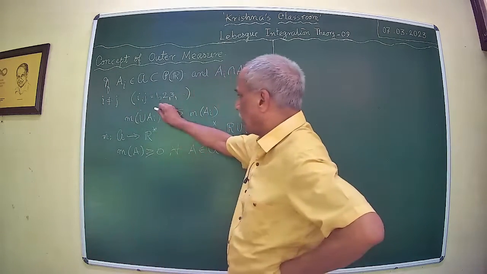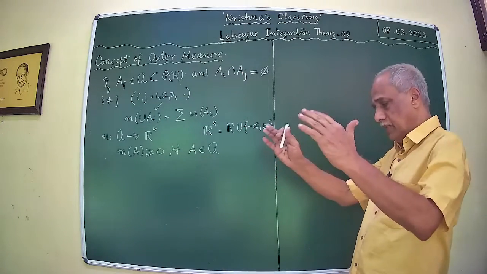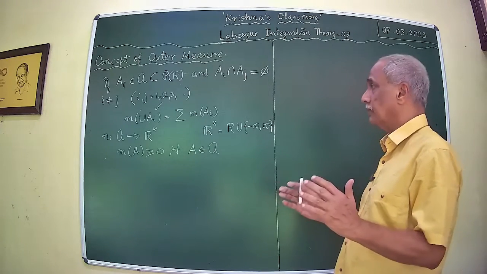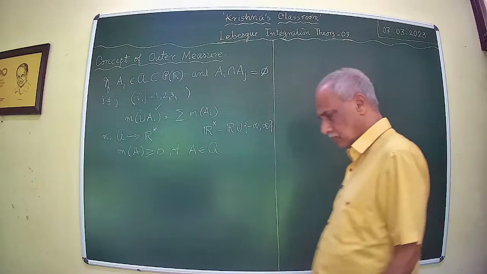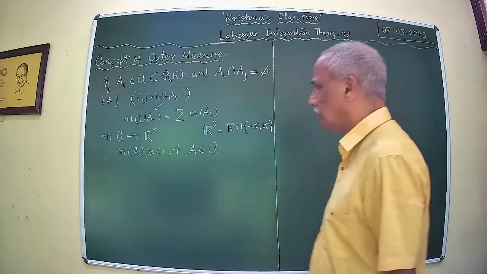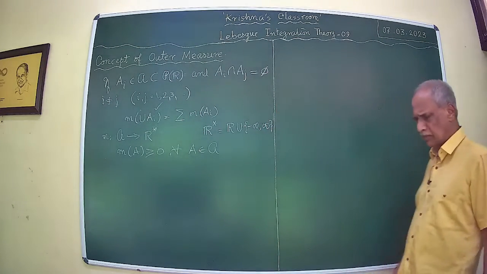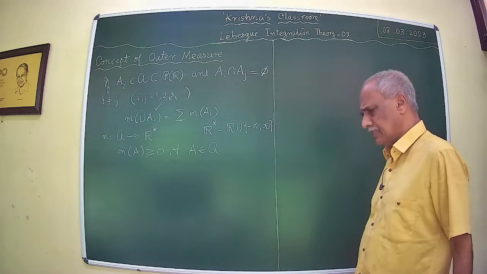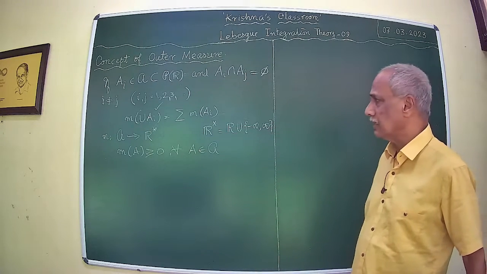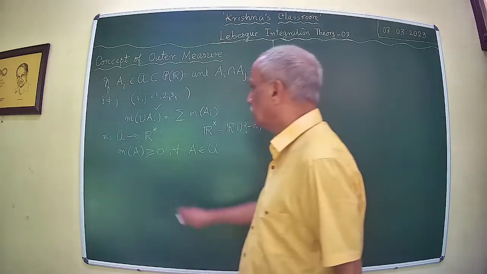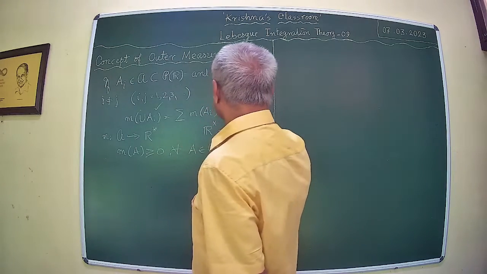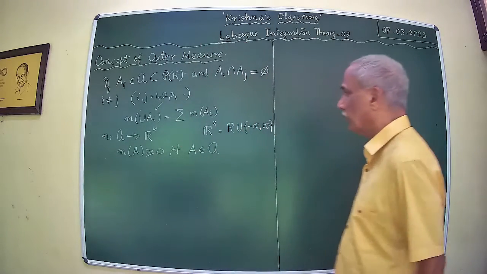and now this requirement, so we are trying to define a non-negative function on a class of subsets, if possible on the entire class, on the whole of P(R), which we don't know whether it is going to be possible, such that it is non-negative, it is countably additive in the sense that m of union A_i equals sigma m of A_i whenever A_i intersection A_j is empty for i not equal to j.